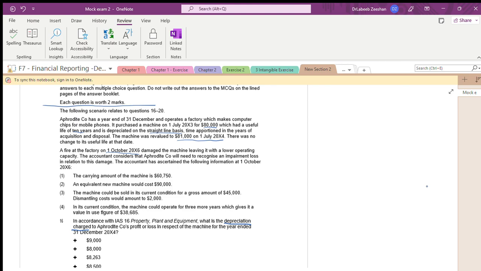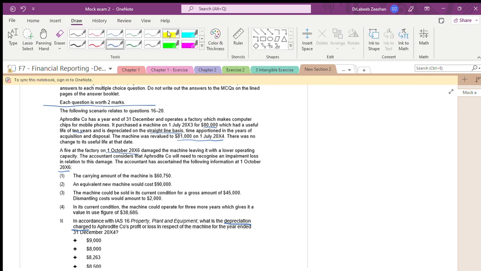The accountant has ascertained the following information. We are talking in terms of 2004, means we don't need this second information. We need which information? This is related to question number 16.